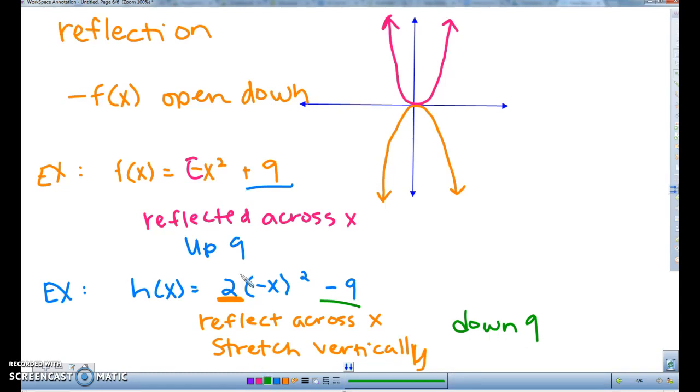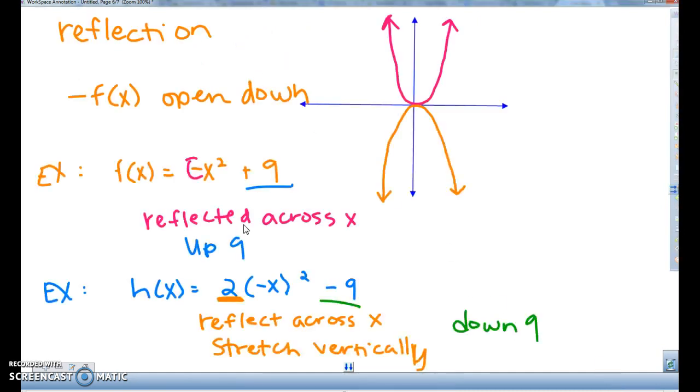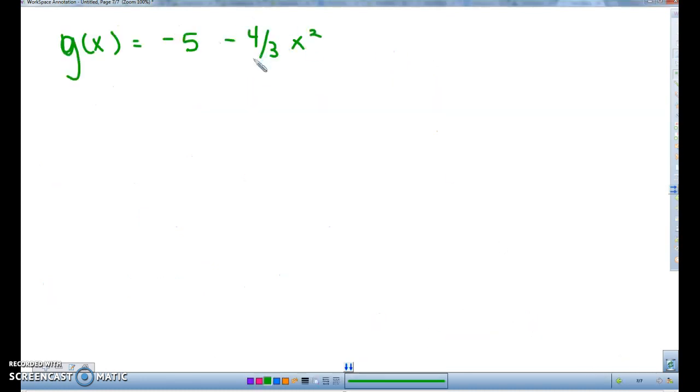So let's play with maybe 2 more examples where I have a couple transformations. We'll start with g of x equals negative 5 minus 4/3 x squared. And I don't have to include the negative with the x squared like I did here. It could be just hanging out in front over here. So I have 3 transformations that are going on with this example.